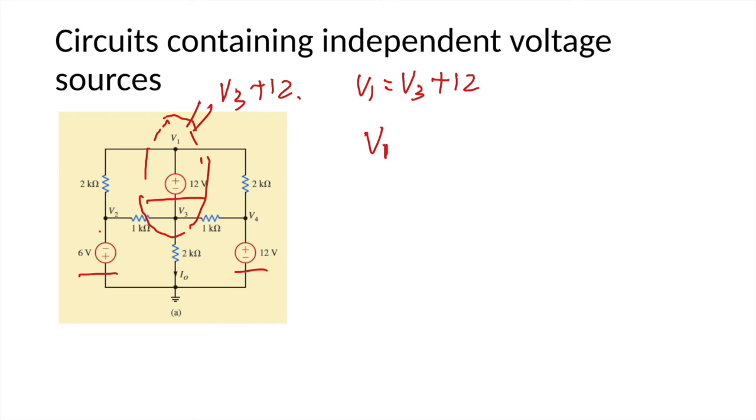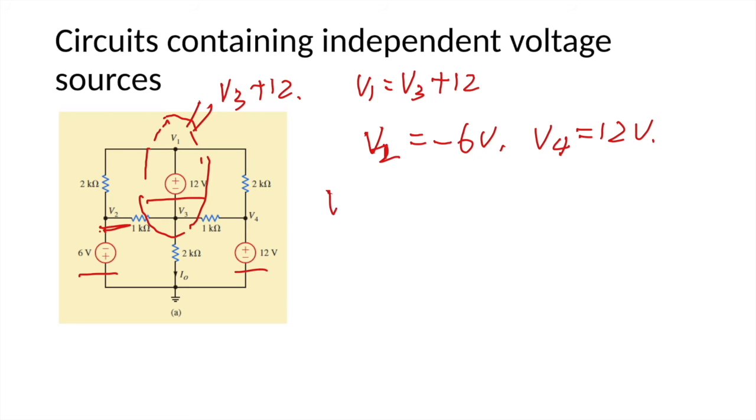V2 equals negative 6 volts, and V4 equals 12 volts. It's obvious because they are directly connected with the reference node. So let's write the KCL at the supernode.